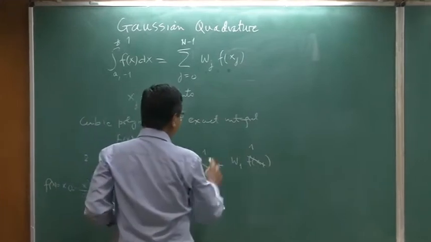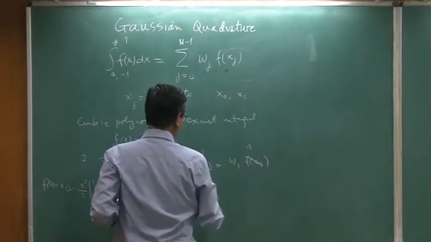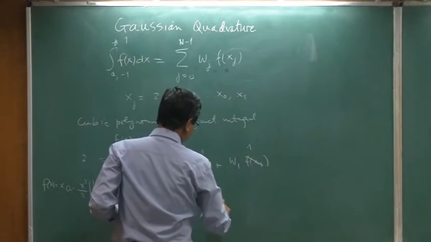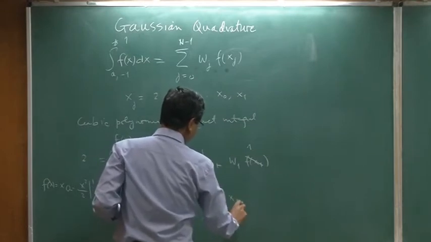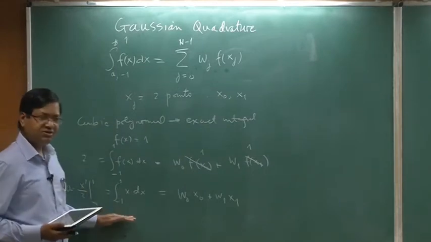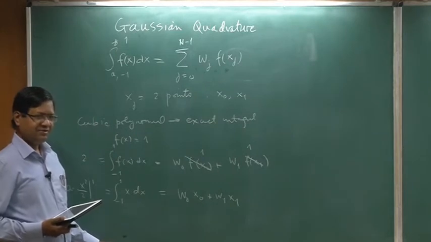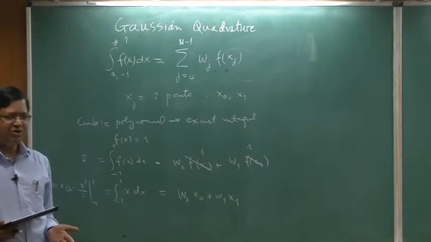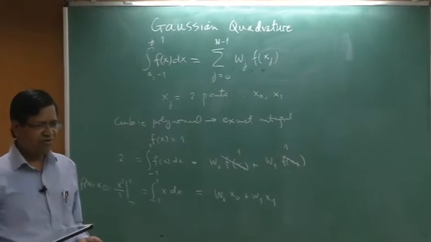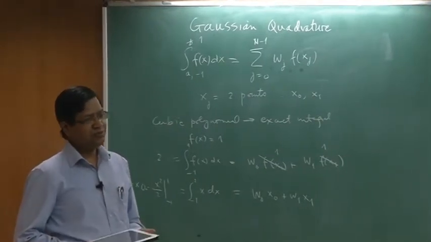So let us call them x0 and x1, by the usual notation. So x0 plus w1 x1, and I will get two more equations, one for x squared and one for x cubed. So I have 4 equations, and how many unknowns? I have 4 unknowns, 2 weights and 2 x's. I can compute it.